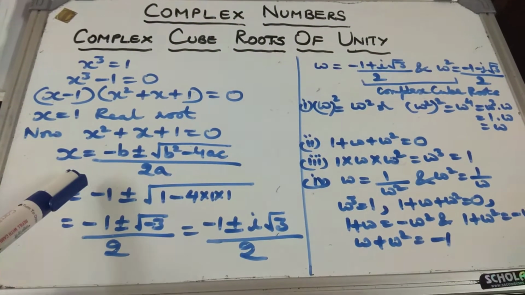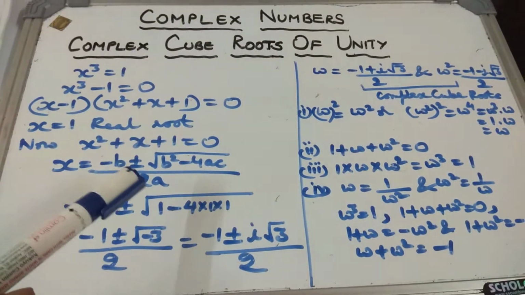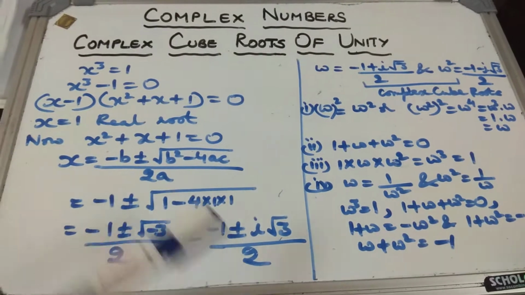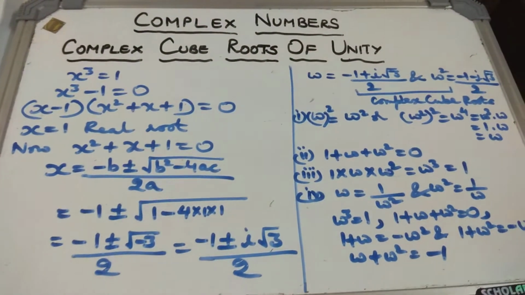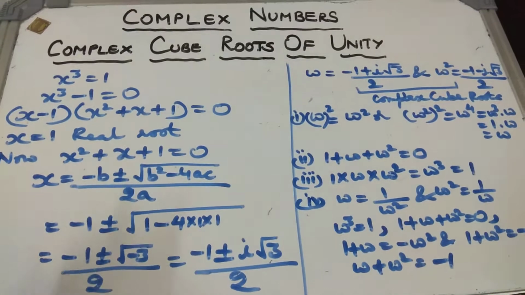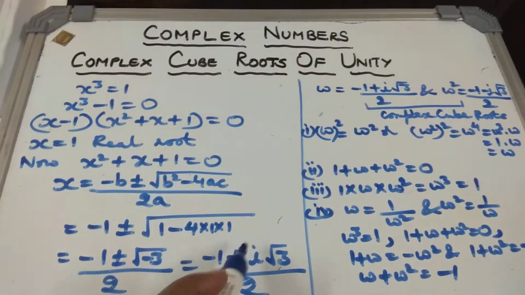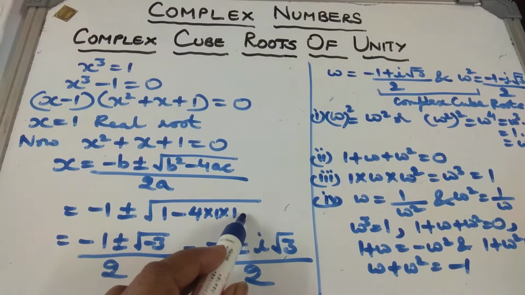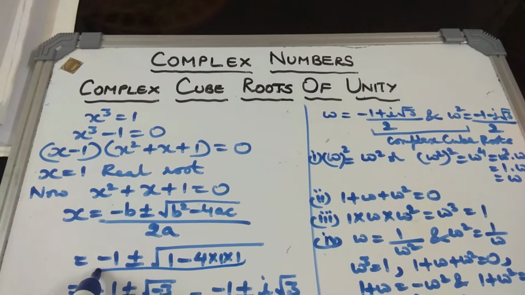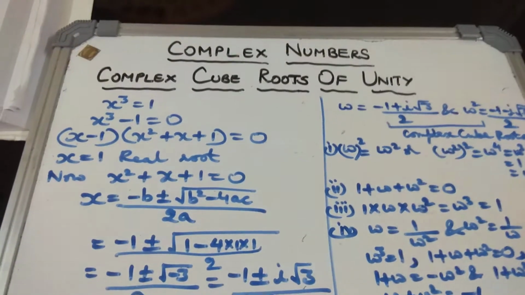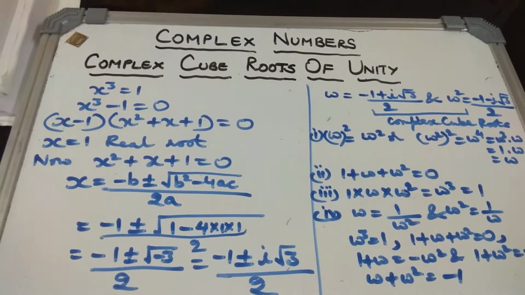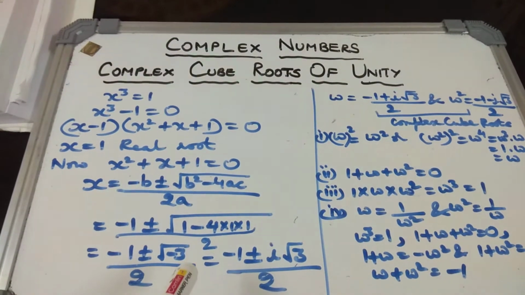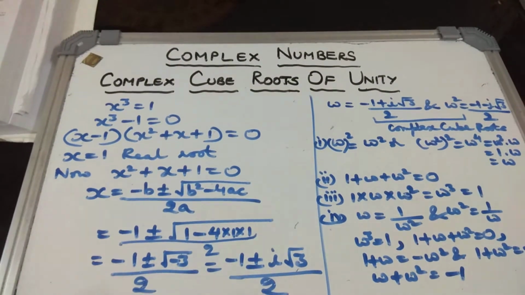If we solve this expression using the Sridhar Acharya formula, that is minus b plus minus square root of b square minus 4ac upon 2a, then in that case we are going to get minus 1 plus minus square root of 1 minus 4 into 1, whole thing upon 2, which is equal to minus 1 plus minus under root minus 3 upon 2.